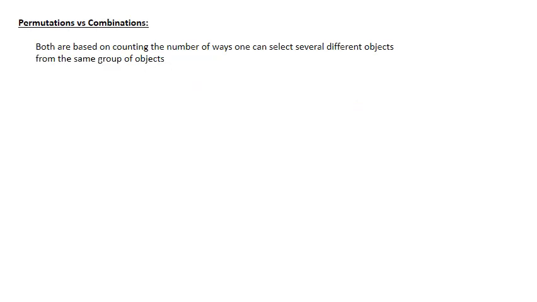Another concept is the concept of permutations and combinations. These were counting techniques, right? They are both based on counting the number of ways one can select several different objects from the same group of objects. So you are choosing several different items from the same group. Permutation versus combination.